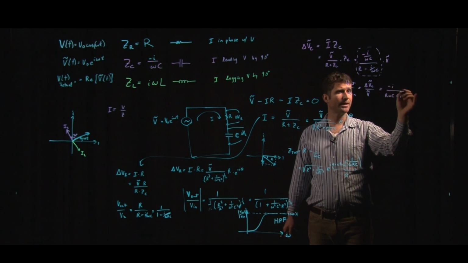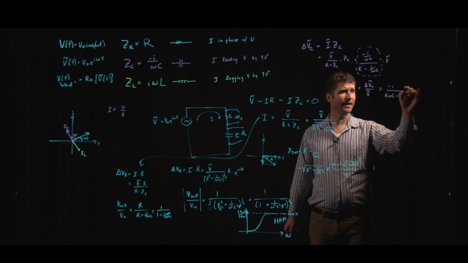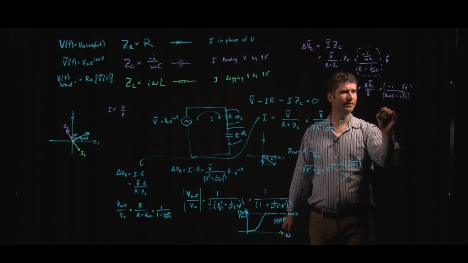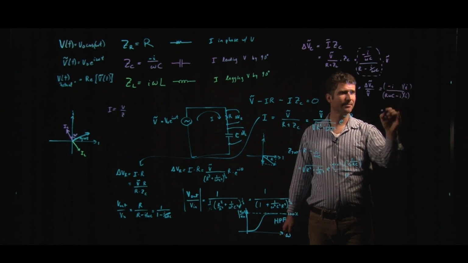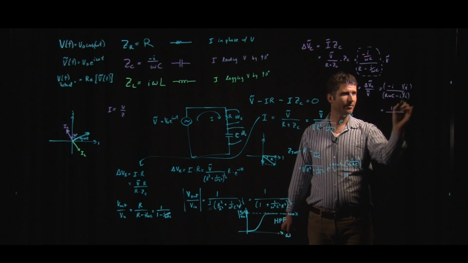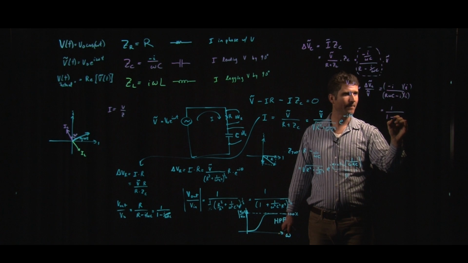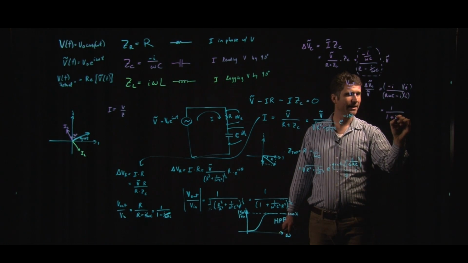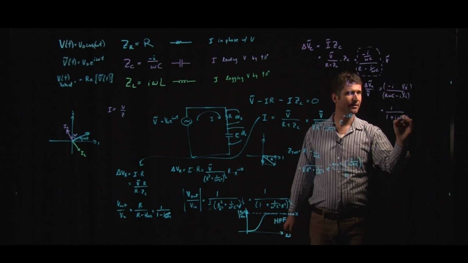And then I could multiply even by a minus i, or actually why don't I just multiply by an i on the top and the bottom here. And it looks like that's going to give me minus i times i is 1, and then minus i times i, so 1 plus i omega RC.